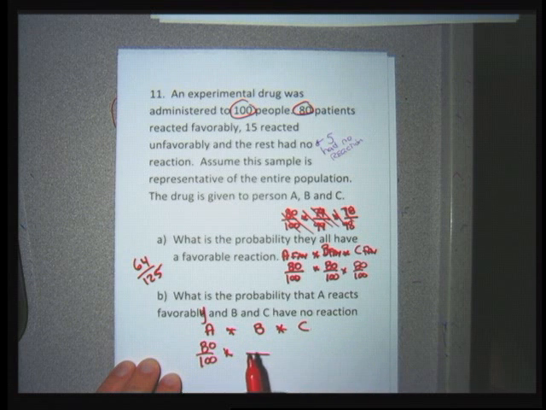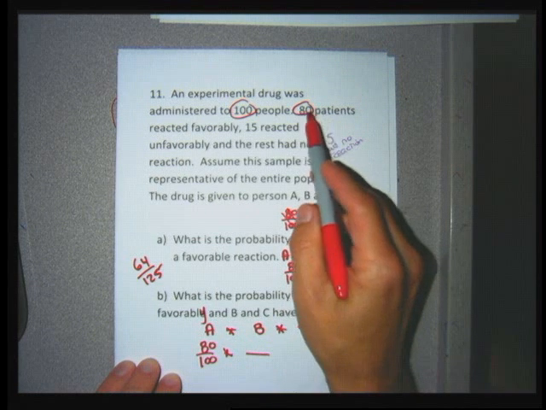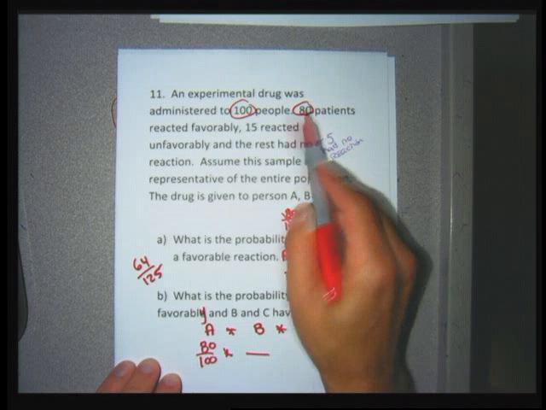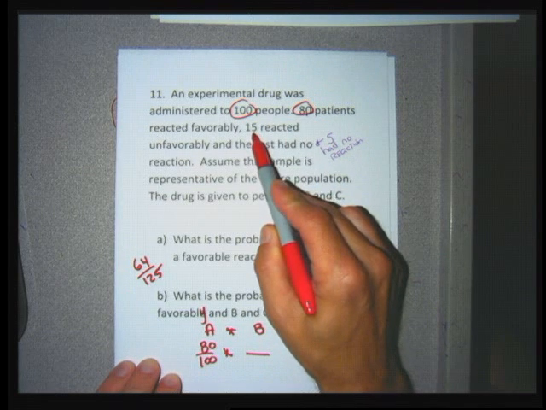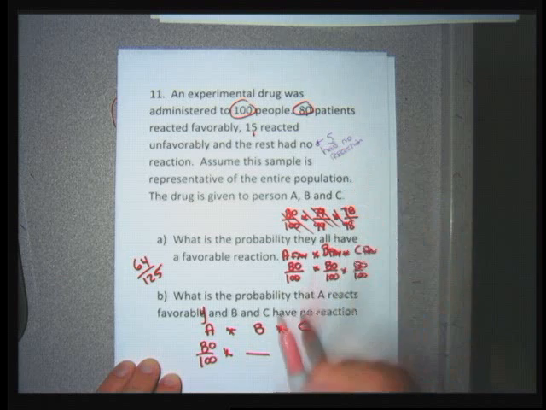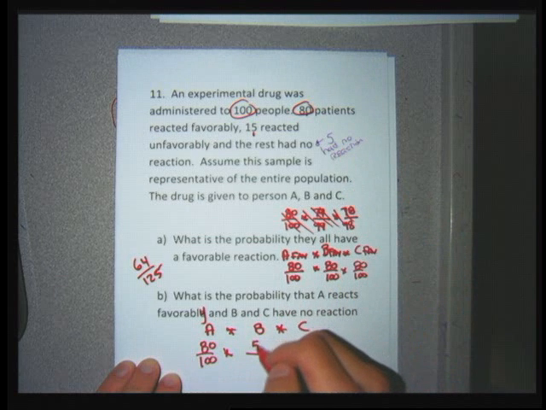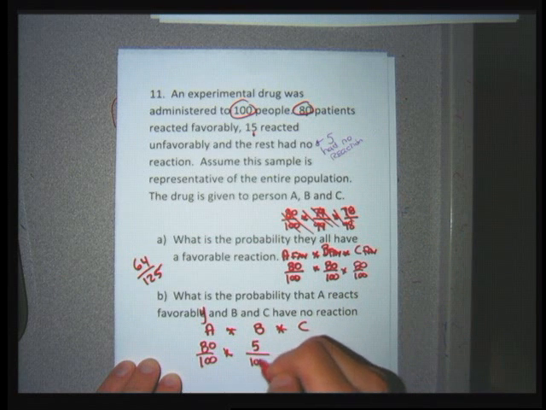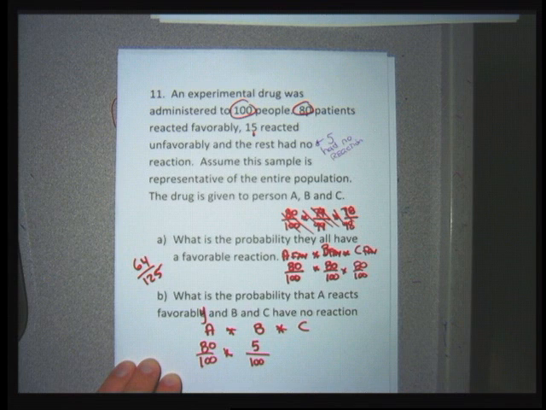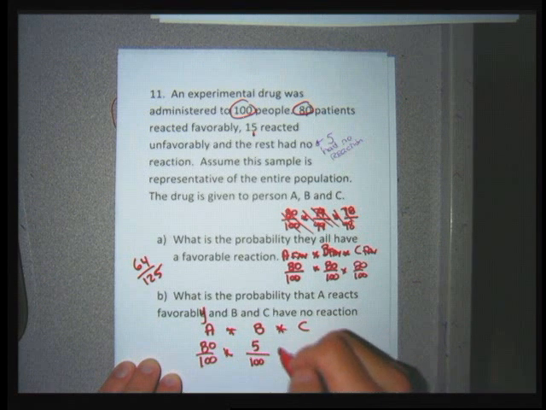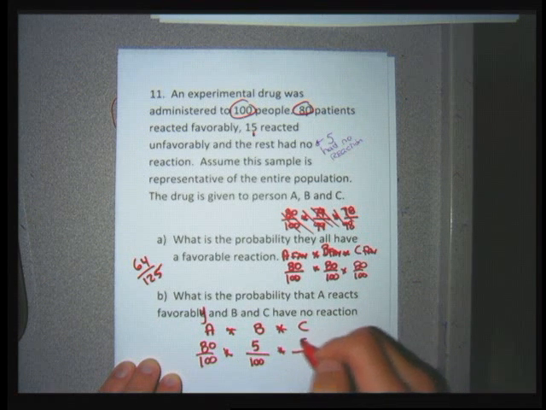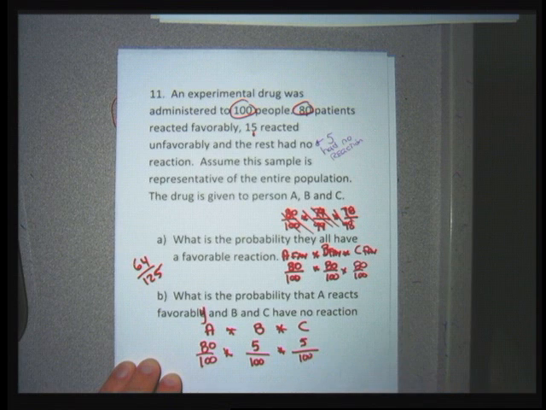B needs to have no reaction, and I did some work. There were 80 that did favorable, 15 that had unfavorable. That's a total of 95. So there were 5 that had no reaction. And our author would do 5 over 100 for B having no reaction, and C needs to have no reaction, and 5 over 100 for C having no reaction.